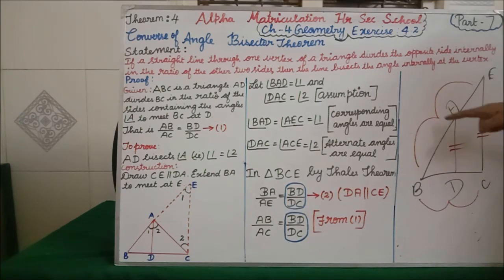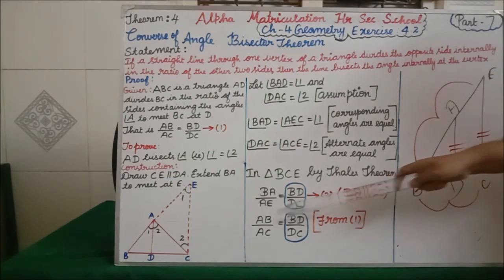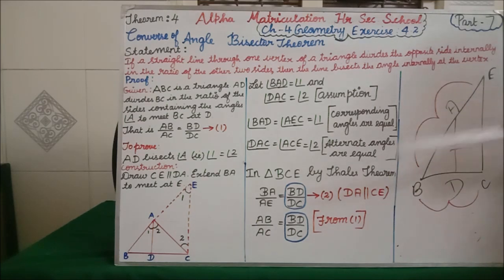BA divided by AE is equal to, this side corresponding side is BD divided by DC. Clear? From 2 we all know DA is parallel to CE. So only because of parallel can we write this.